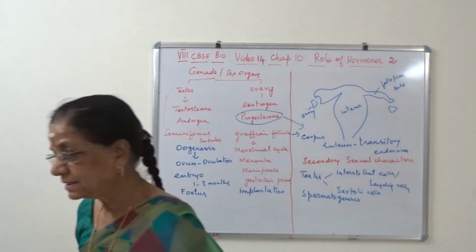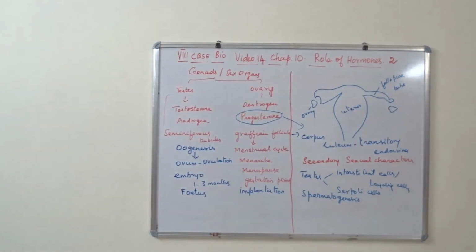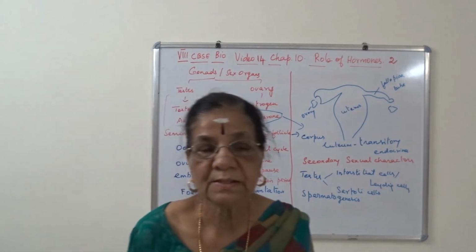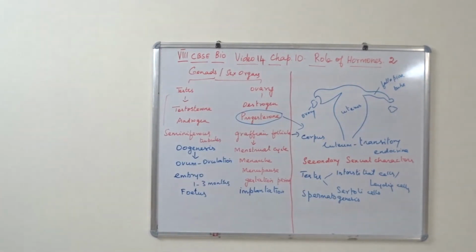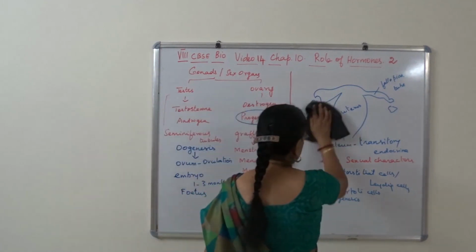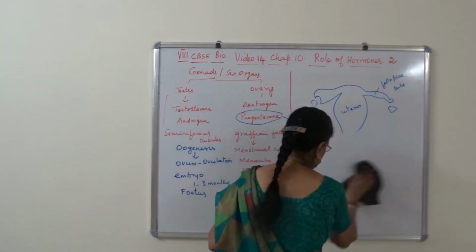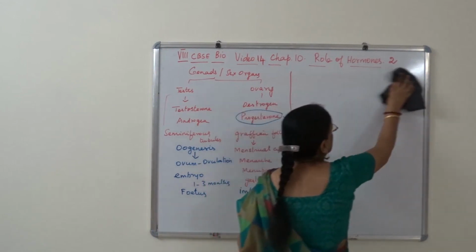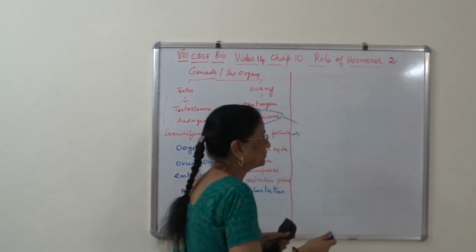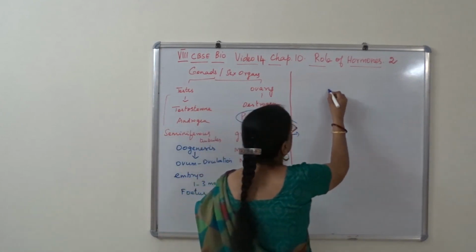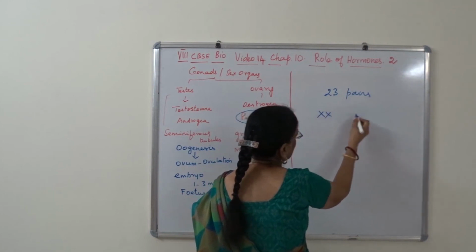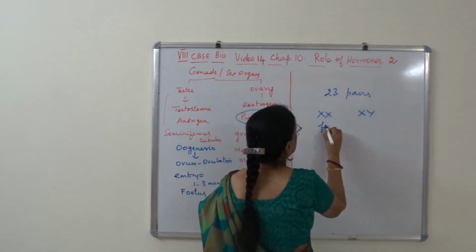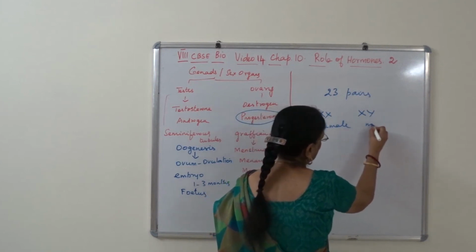Then it is sex determination in man. Human contains 23 pairs of chromosomes, as XX in female and XY in male.